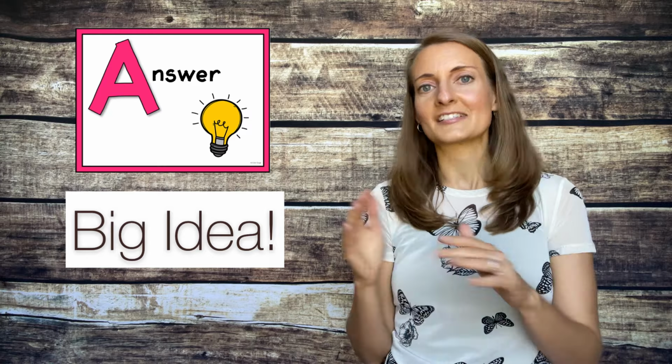I want to mention that when you write the answer, it's like a big idea and not just a small detail in the text. The details from the text are part of the C for cite text evidence. So when you do the A part, the answer, that should be like a big idea from something that you read.